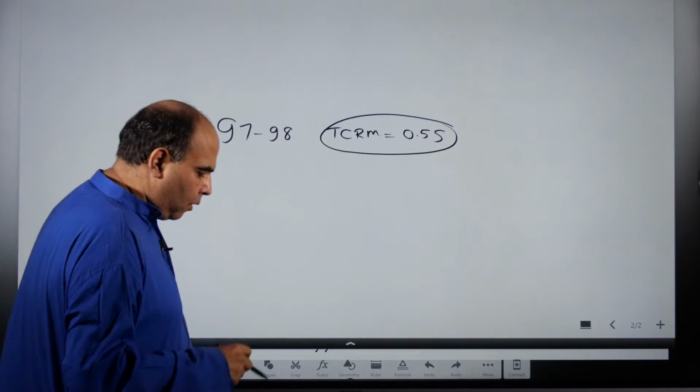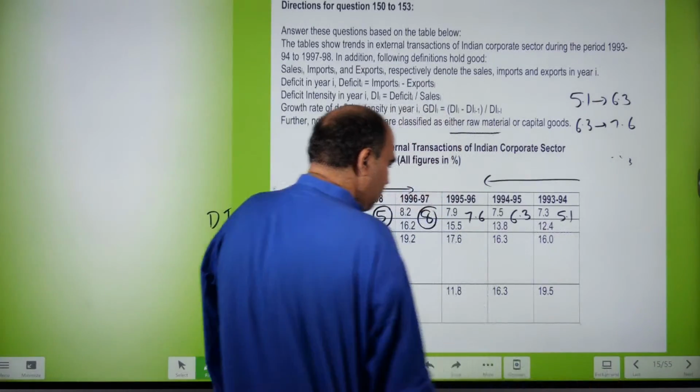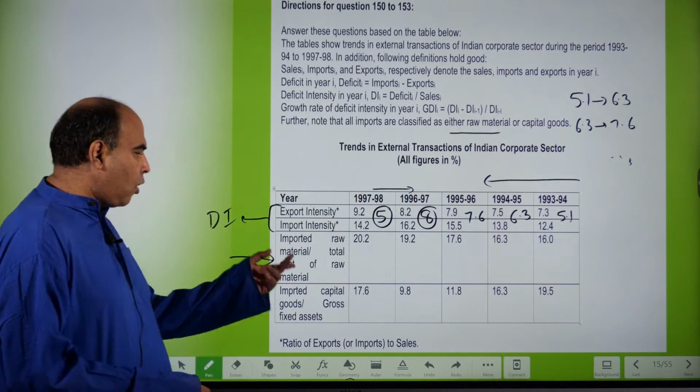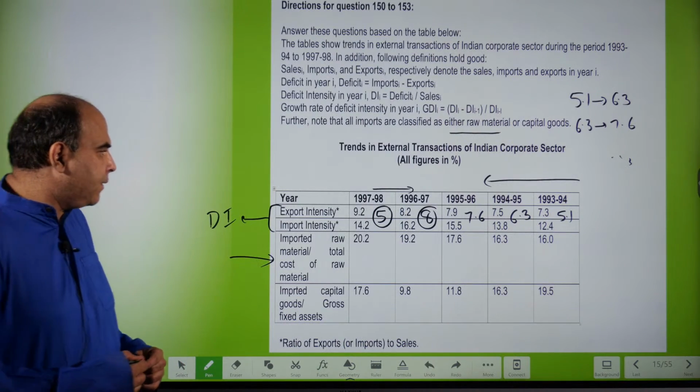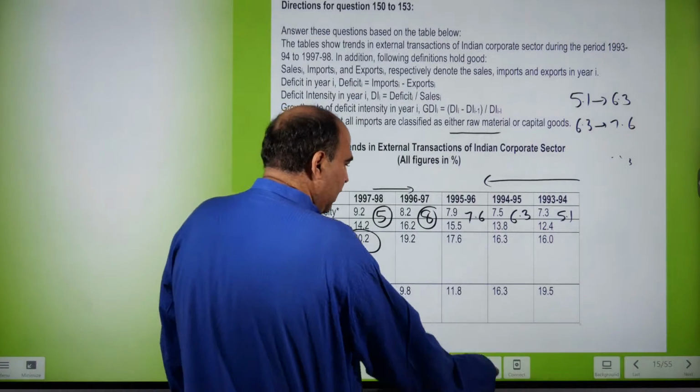Now we obviously know that total cost of raw material has got something to do with this row: imported raw material upon total cost of raw material, 97-98. We know this ratio is 20.2, so let's work out this ratio here.